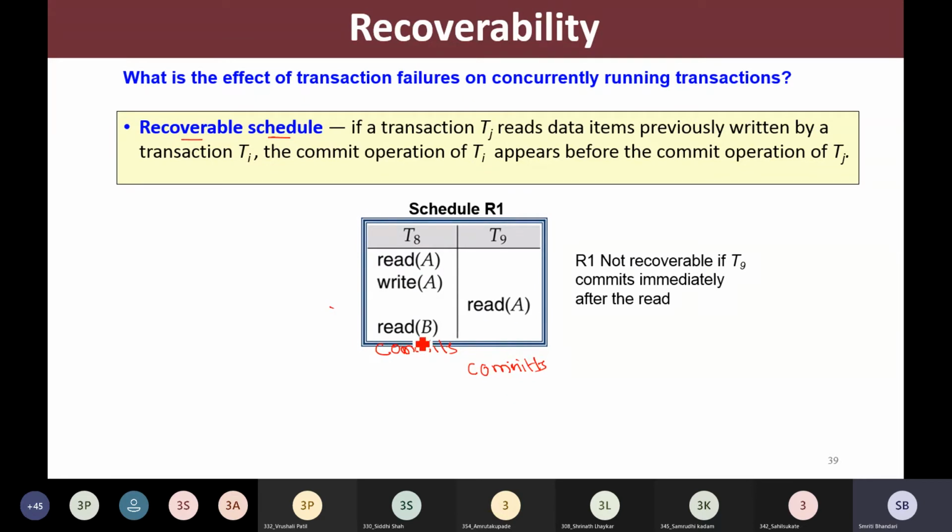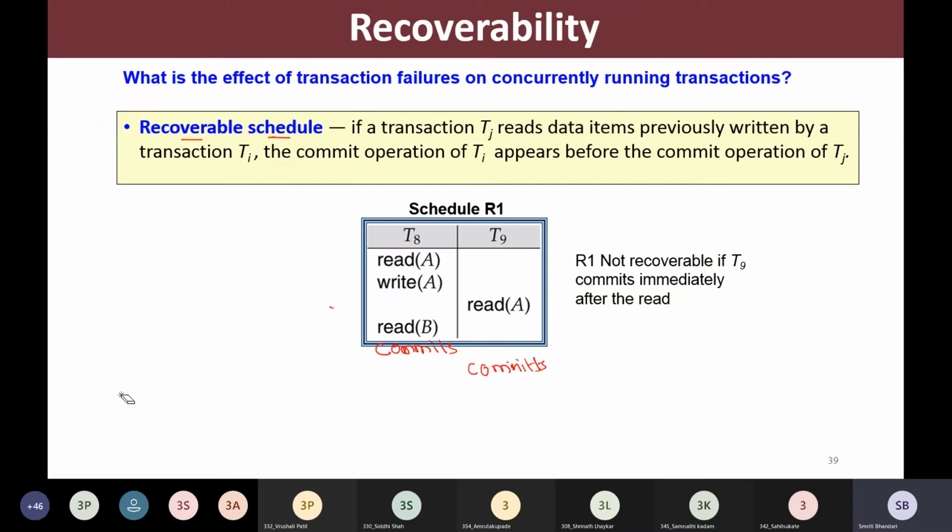But if prior to committing T8, T9 gets committed, then we will say that this schedule is not recoverable. Got the concept? Yes.